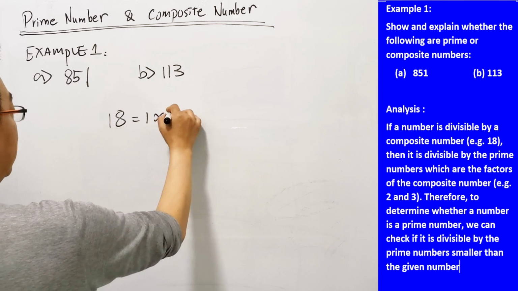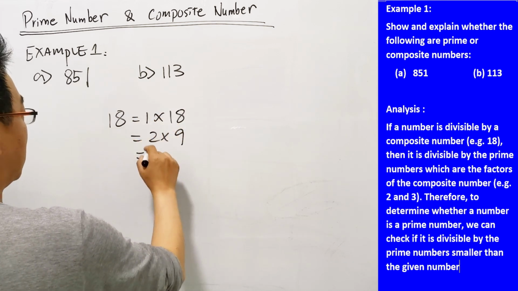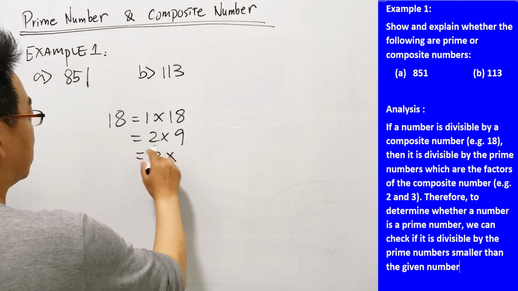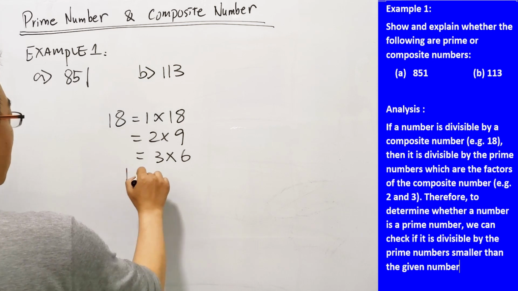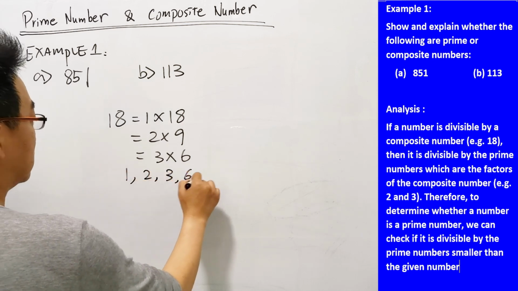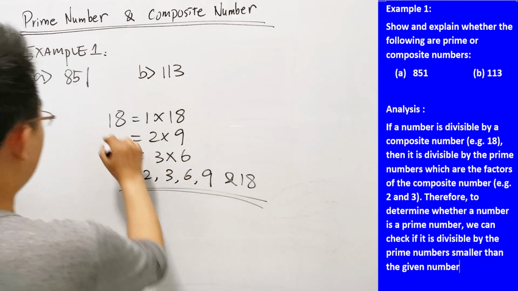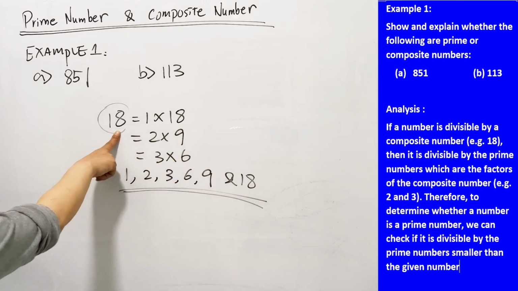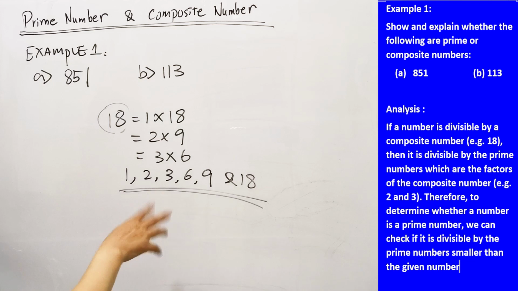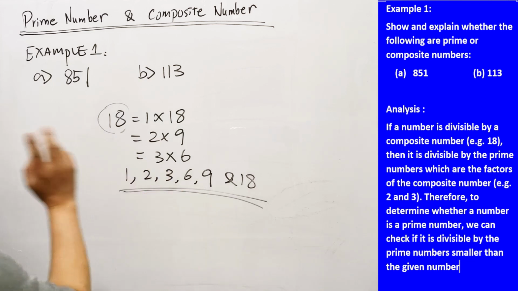How many factors does 18 have? 2 times 9, 3 times 6. So the factors are 1, 2, 3, 6, 9, and 18. They are all the factors of 18. So if a number is divisible by a composite number, 18, then it is divisible by the prime numbers which are the factors of the composite number.